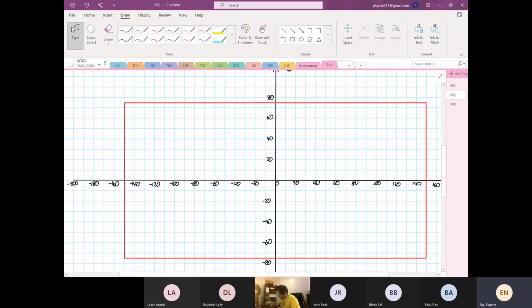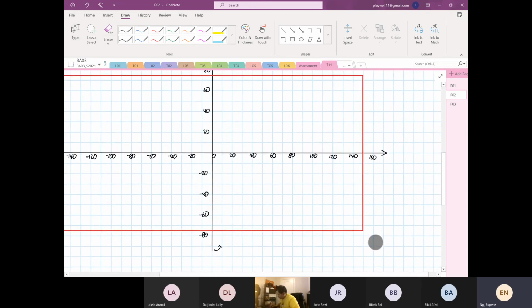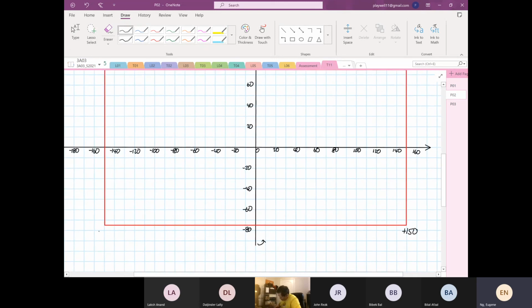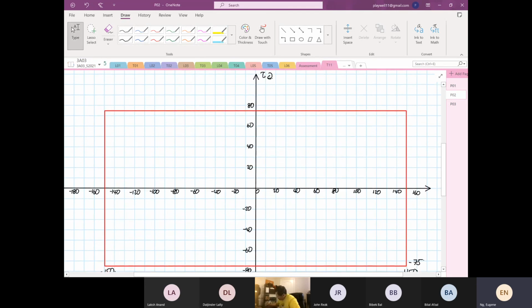So that's where we drew our envelope, because at this line, this is our positive 150, this is our negative 150, and this is our negative 75, and this is our positive 75.